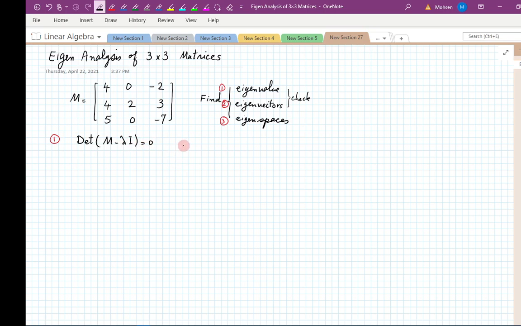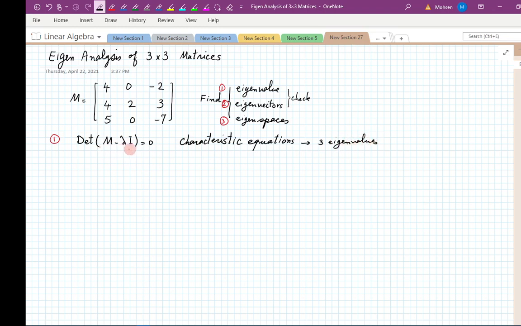That equation, which is called the characteristic equation, is going to have three roots. Those three roots are called characteristic roots or eigenvalues. So we get the first thing out of the way from here.